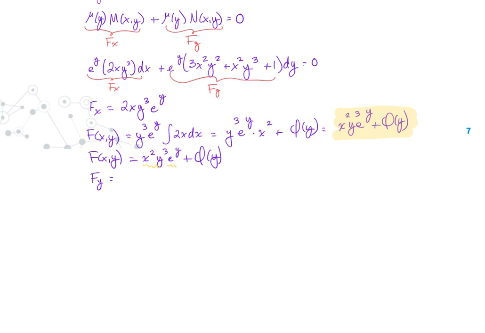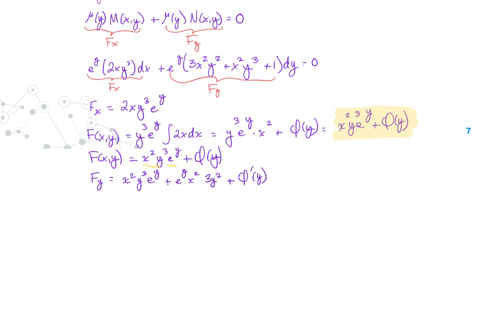So the first, x squared y cubed, times the derivative of the second, the derivative of e to the y with respect to y, which is e to the y, plus the second, e to the y, times the derivative of the first. Now remember, we're talking the partial derivative of x squared y cubed, so the x squared is considered a constant, and the y cubed would become 3y squared. And then the partial of phi with respect to y would be phi prime of y.